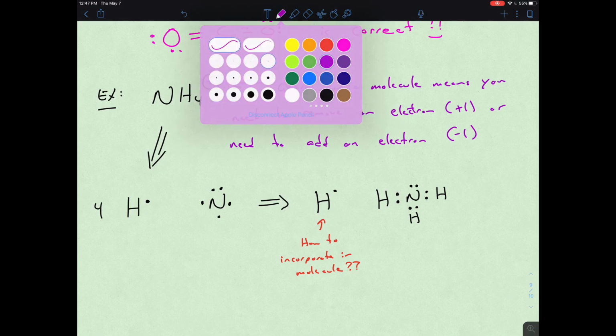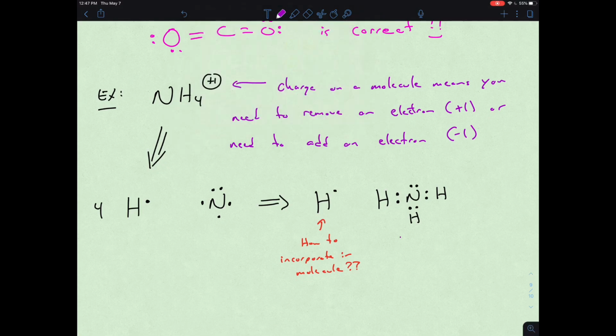Well, what we see here in terms of our NH3, this is actually neutral. We have basically not invoked charge.